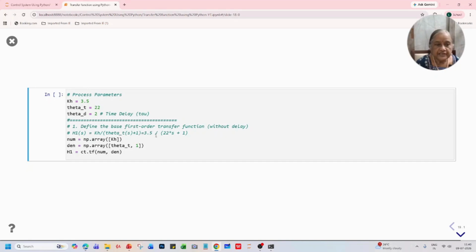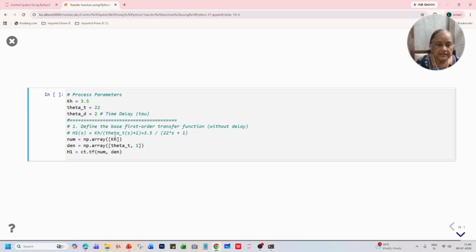Let us define a transfer function 3.5 divided by 22 s plus 1 as our original transfer function, and we construct it by passing the numerator and denominator coefficients.